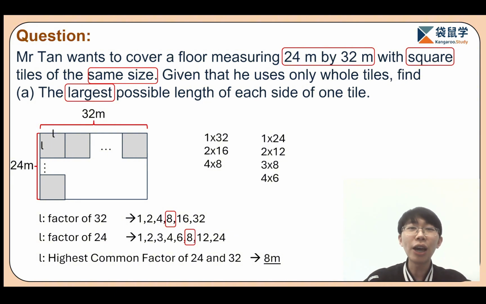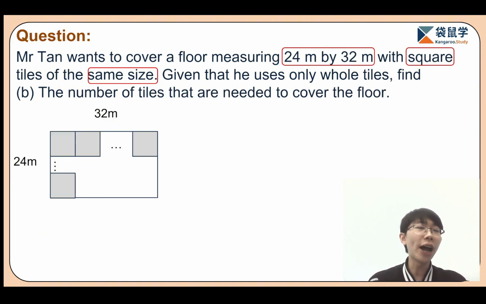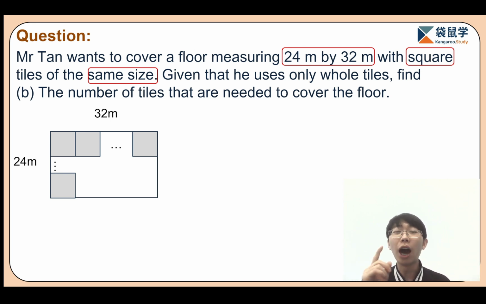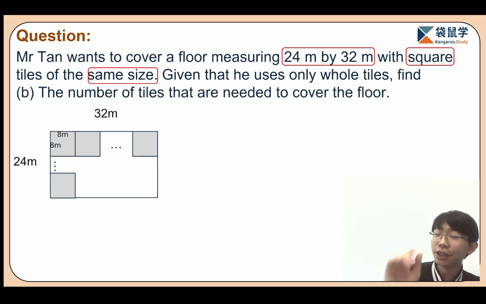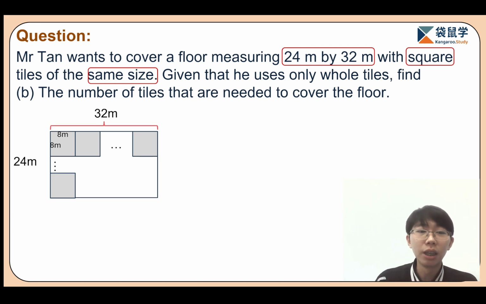Now, let's take a look at question B. We should find out the number of tiles that are needed to cover the floor. From question A, we already know that the size of each tile is 8 meters. Now let's observe again horizontally. In each row, how many tiles are there?